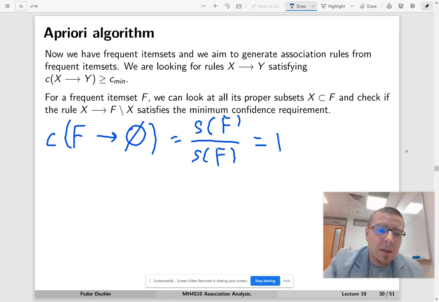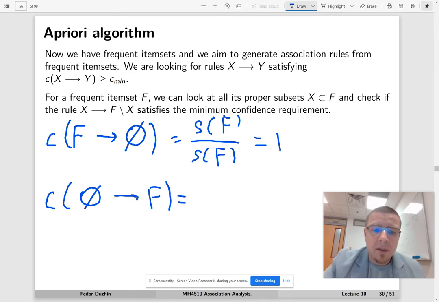On the other hand, let's compute the confidence of the rule empty set implies F. The support of the union is still the support of F, divided by the support of the left-hand side, and the left-hand side is the empty set.